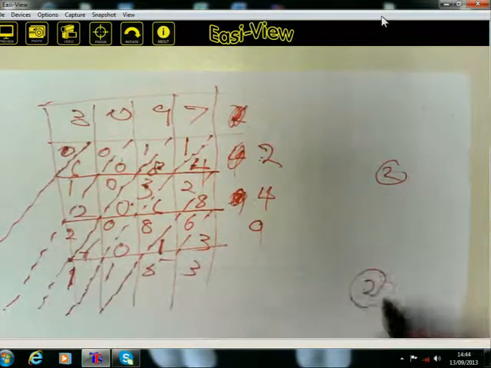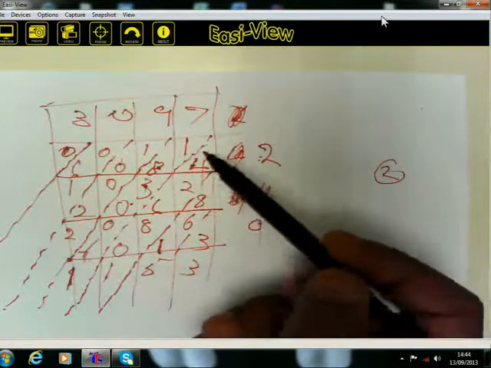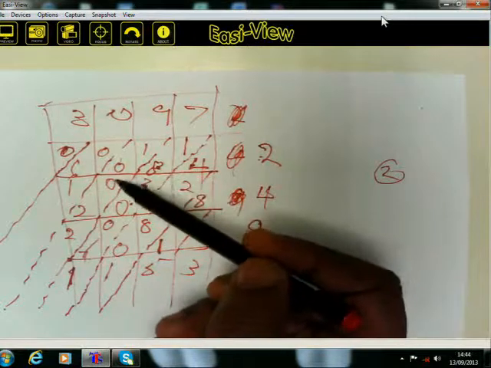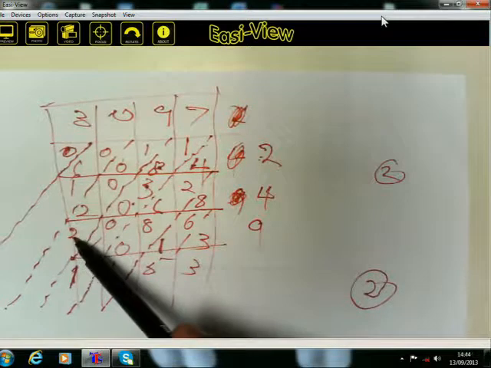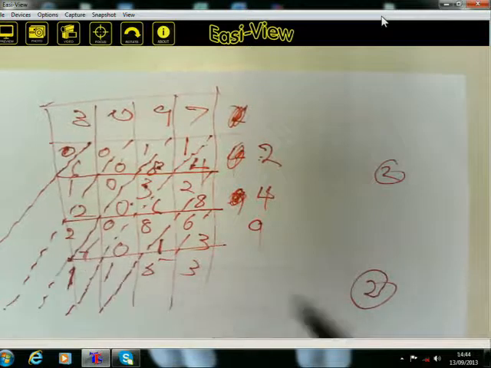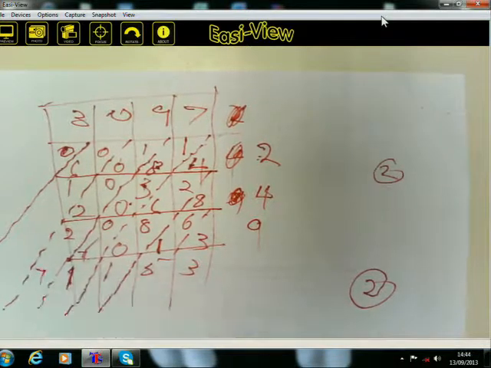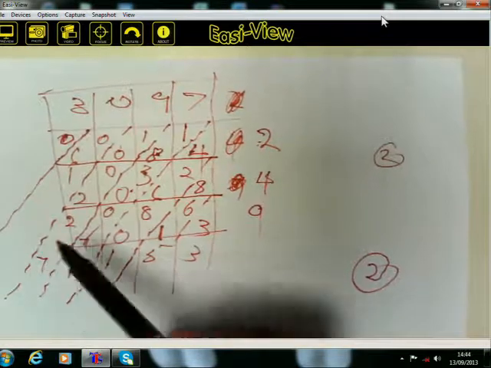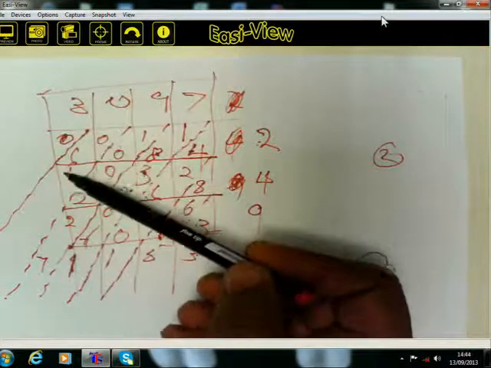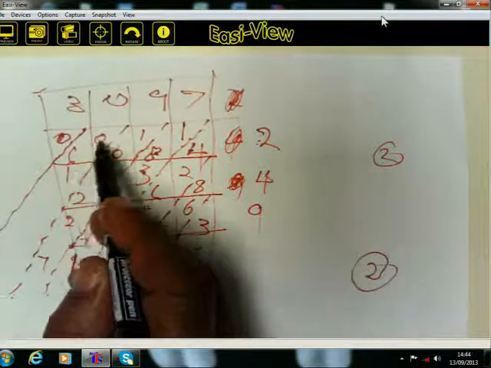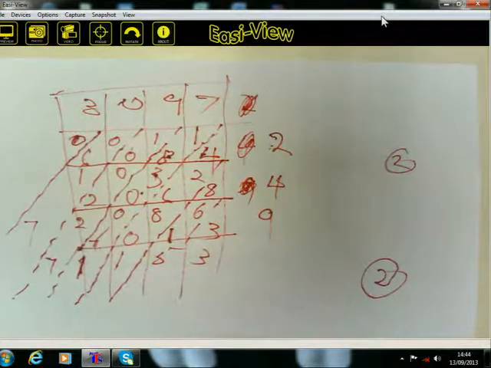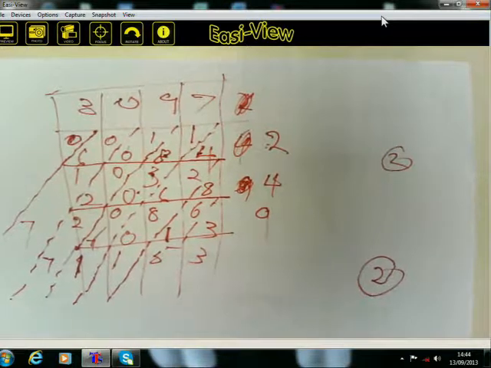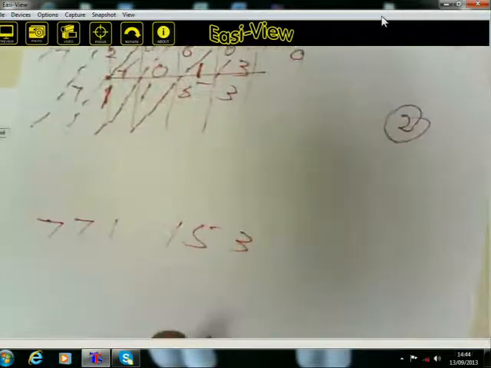You carry 2 again. Then the next column gives 7, and then the last gives 7. Therefore, your answer is 771,153.